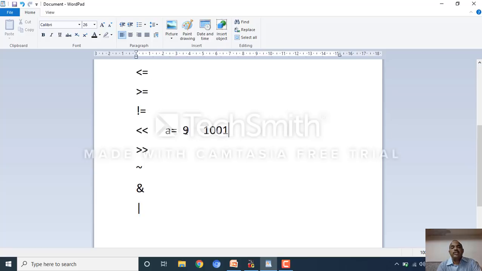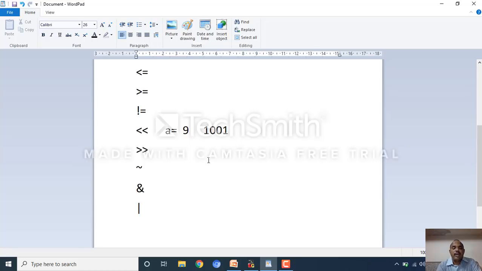Here 9 divided by 2: the quotient is 4 and the remainder is 1. Again 4 divided by 2: the quotient is 2 and the remainder is 0. Then 2 divided by 2: the quotient is 1 and the remainder is 0. Then the last remainder is 1. So 9 in decimal converts to this binary number.